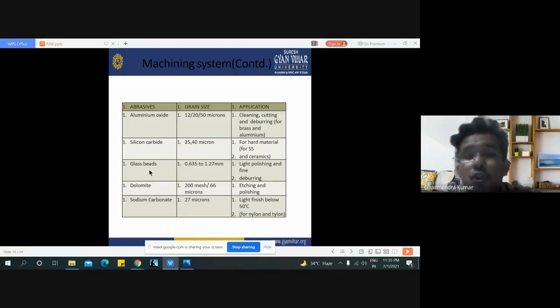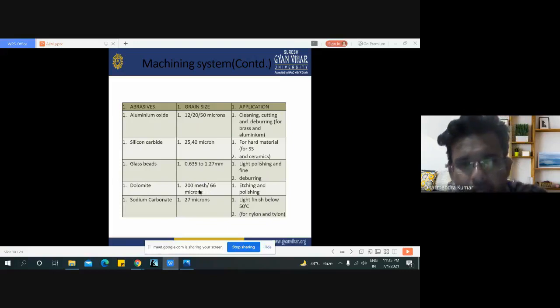We also use glass beads as abrasive material, with grain size 0.635 to 1.27 mm. This is applicable where light polishing and fine deburring are required. We use dolomite, a kind of stone generally found in Italy.